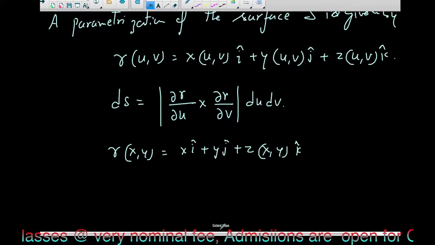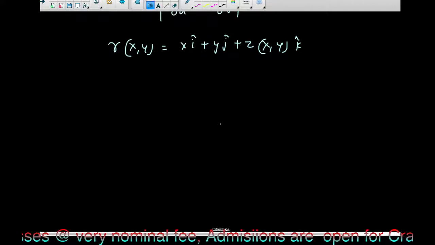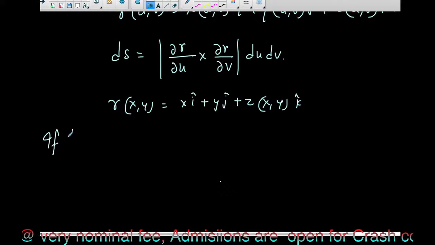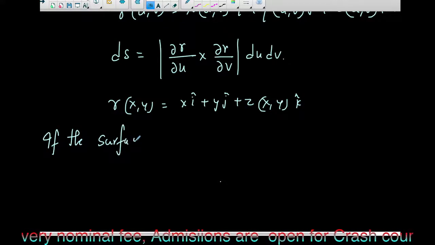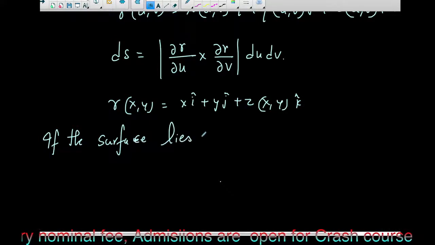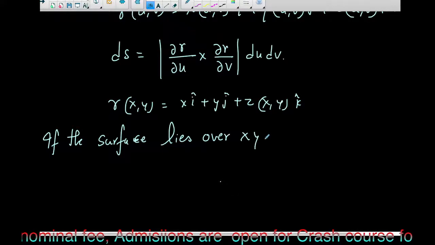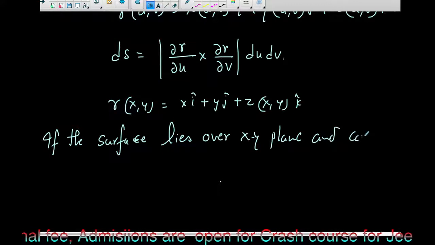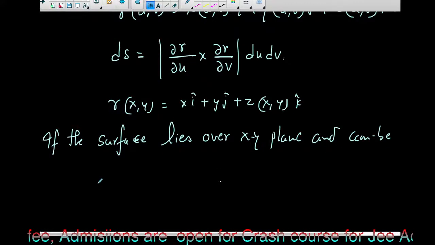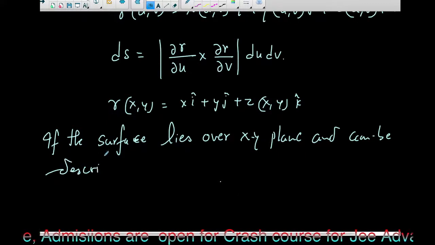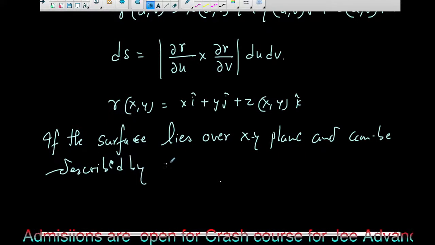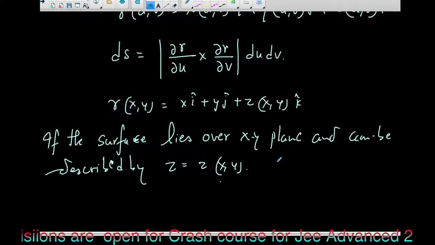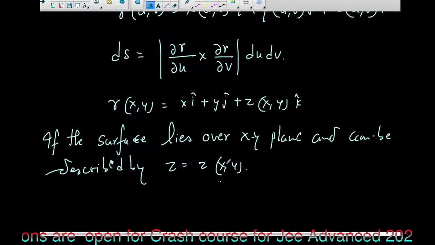So what we recall here is: if the surface lies over the xy plane and can be described by z equal to z of x comma y, then we can use x and y as our parameters, right?